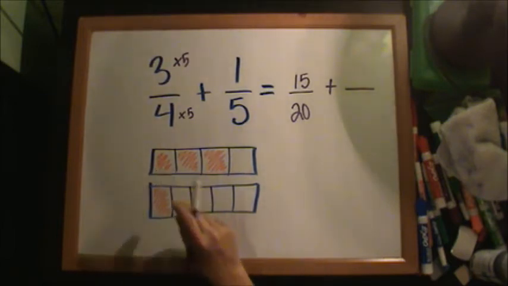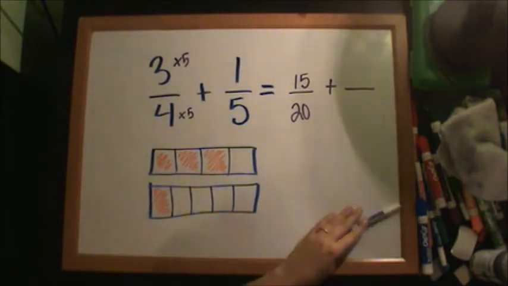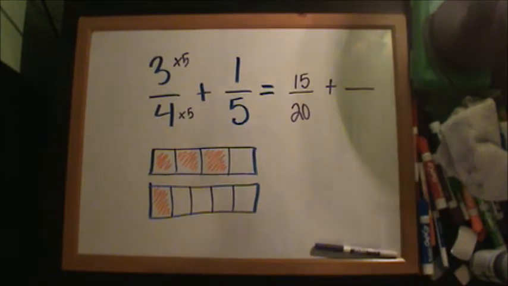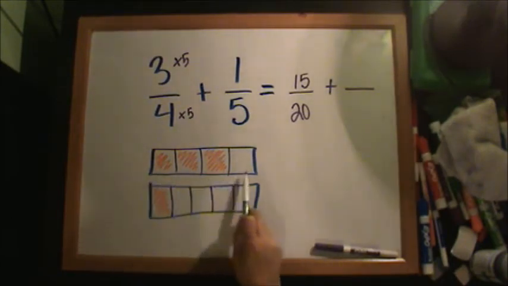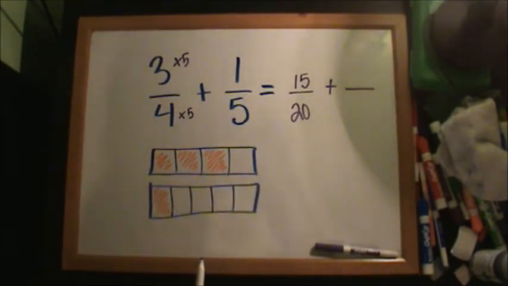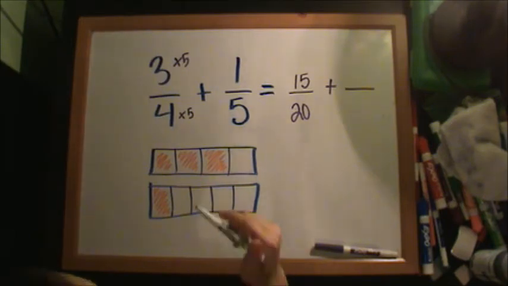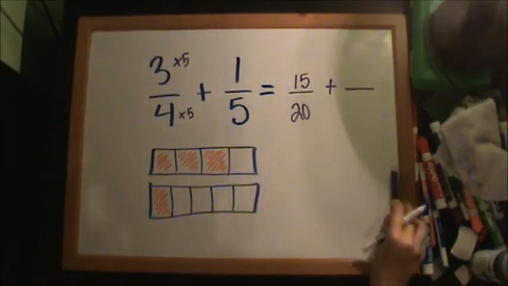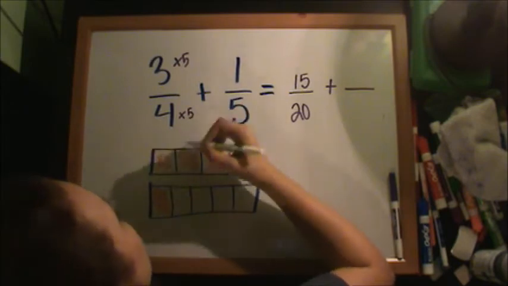My picture here, let me get a distinguishable color, is in 4ths. If I could divide it into 15ths, I'm going to go ahead and try. It's probably not going to look so great, but I'll try.